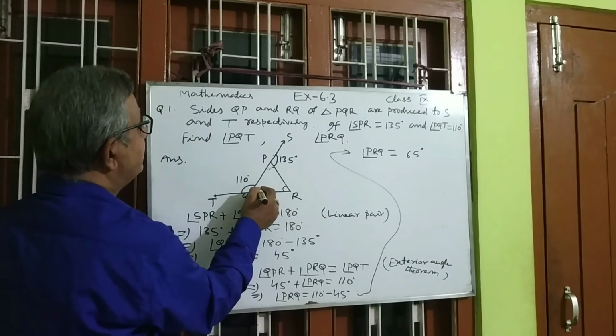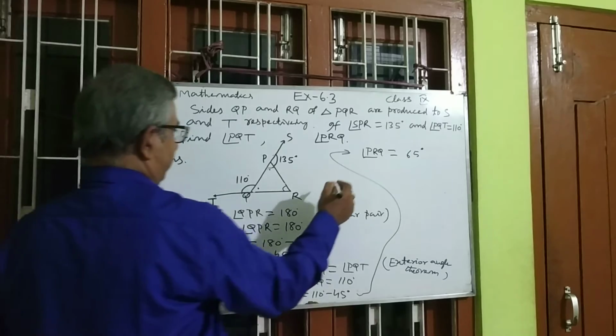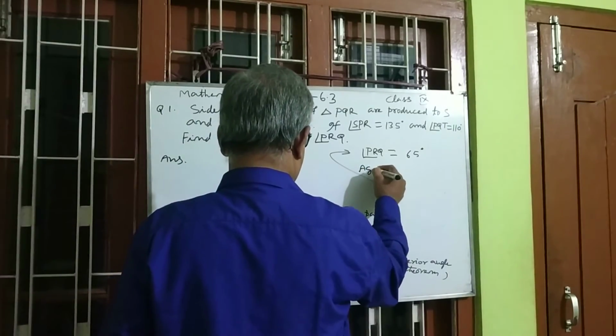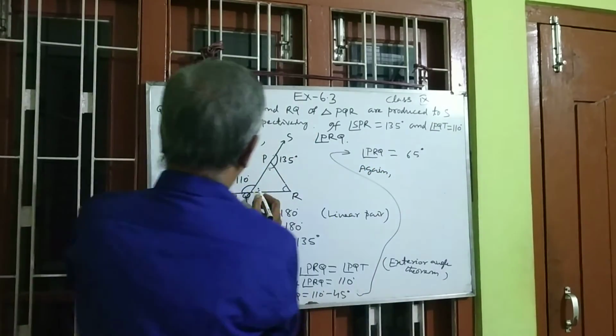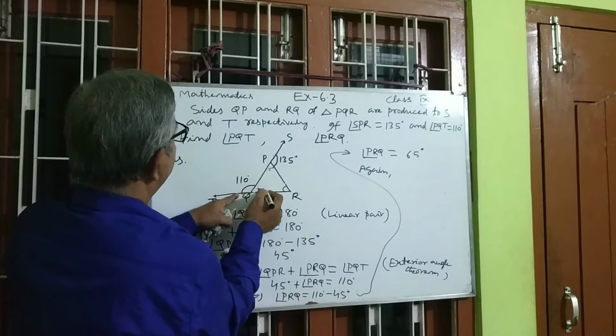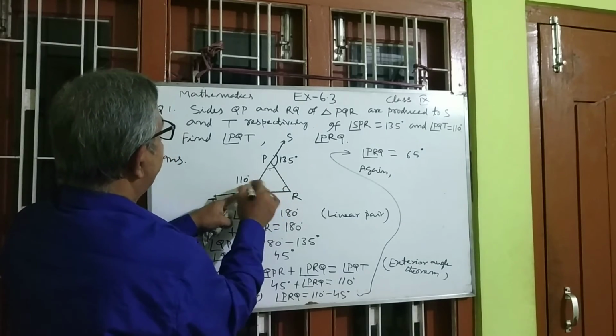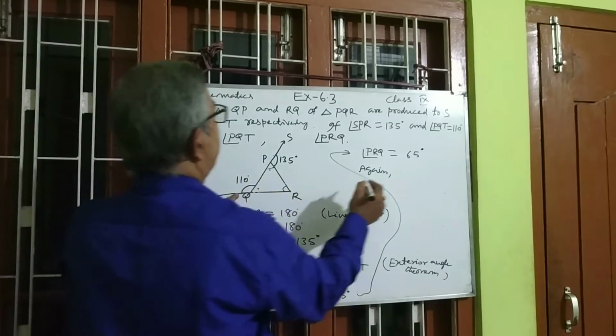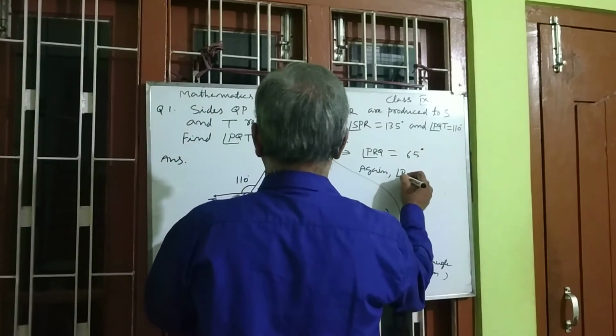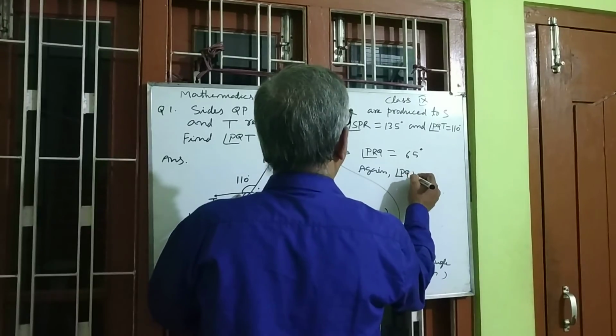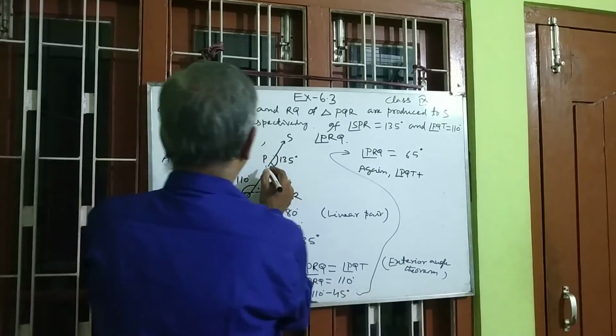Now one angle is left. It is very easy. This angle plus this angle you will get a linear pair, so 180 degrees.